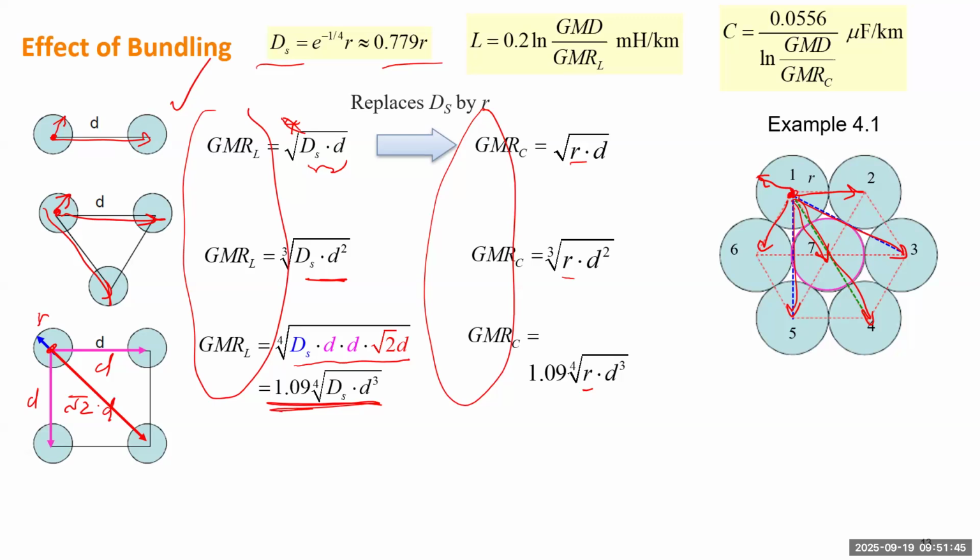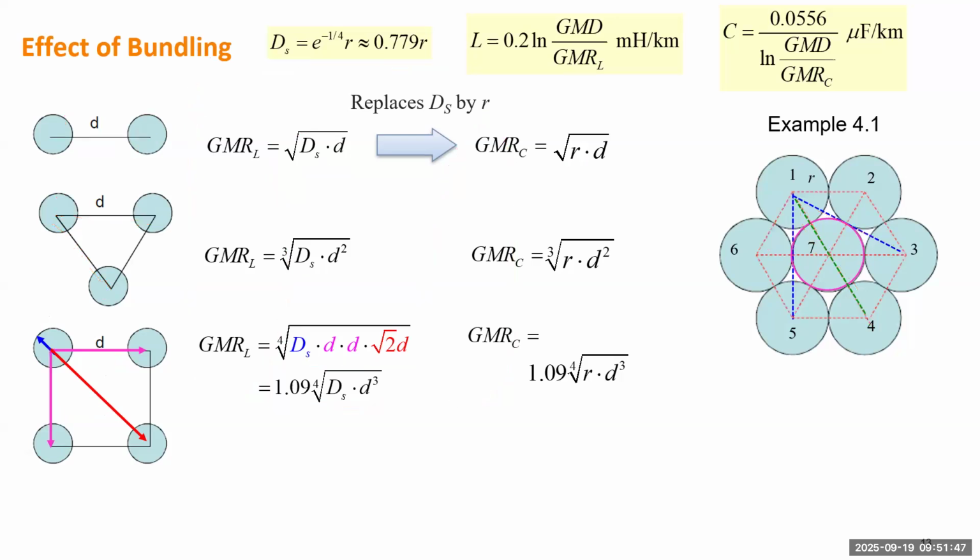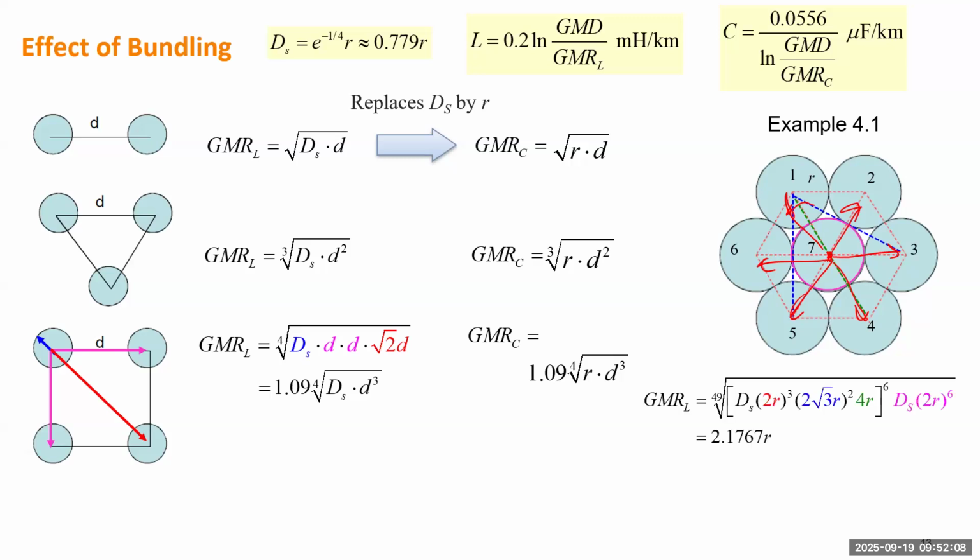So for the center one, when you move the reference to number 7, that one has the same distance to the other 6. The distance is just the diameter of each conductor, or double the radius. Finally you have 49 such distances you need to count.